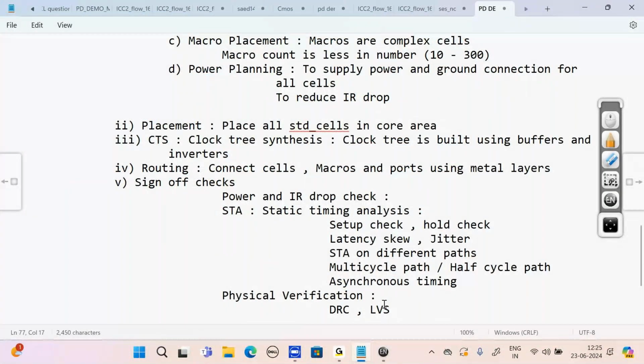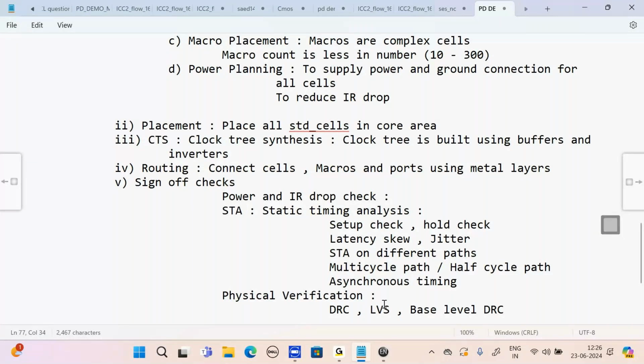Layout versus schematic. Then we'll do base level DRC check. Base level DRC means DRC check on polysilicon, diffusion, N-well, and your P substrate. All these are called base layers. So on base layers, we are going to do DRC check.